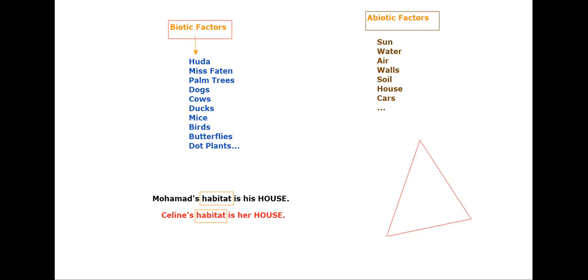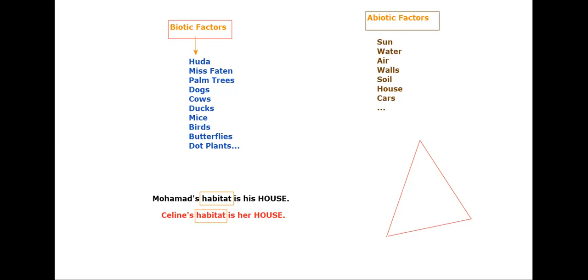Some birds live in trees. So we say that the trees are the habitats of the birds. The habitat is where a living thing lives. Okay? Nasser, your habitat is your house. Miss Fatin's habitat is her house. The bird's habitat is a tree.